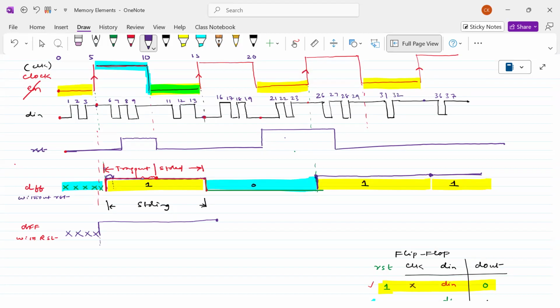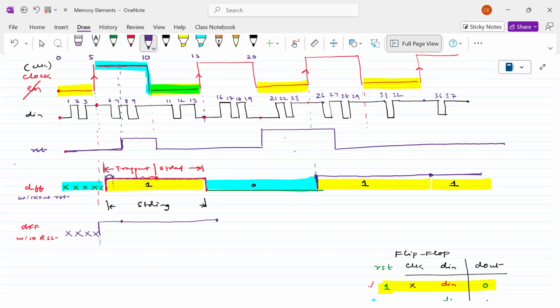Why? Because you can see there is an RST signal at this point. But since the RST must be synchronized with the clock positive edge, at this point of time you don't see any positive edge of the clock. That means whenever RST comes, the clock has to be there at that time.